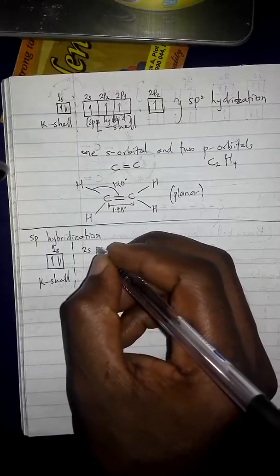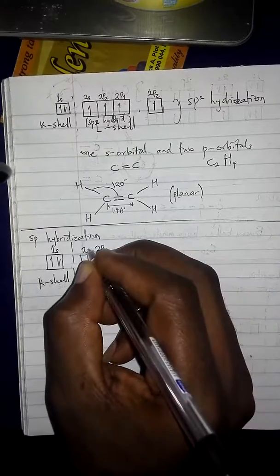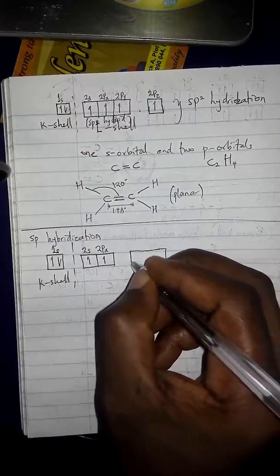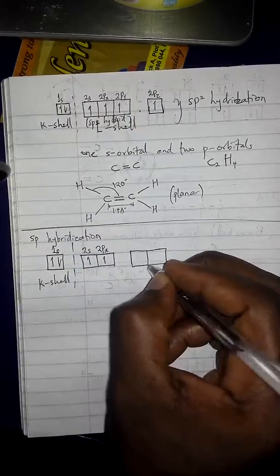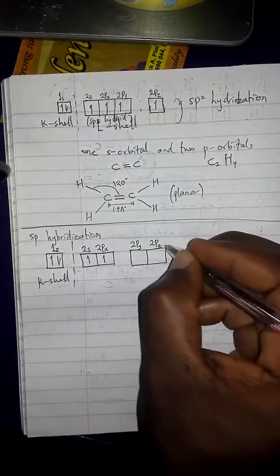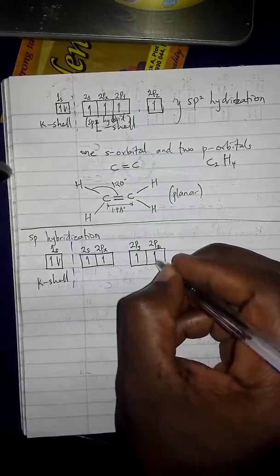In the case of the 2s, you have the 2s orbital now blending with the 2px orbital only, so that's why we call it sp. One s orbital and one p orbital, so one electron, of course, with carbon in its excited state. You have the 2py and 2pz still together, so you have one electron here, one electron here.